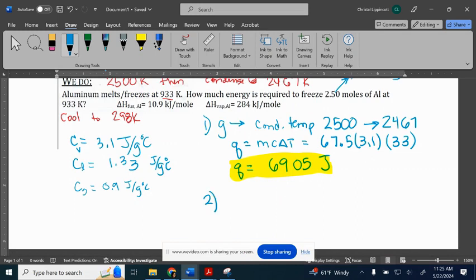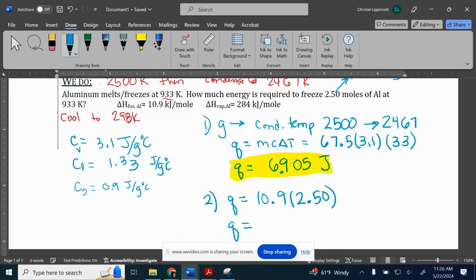We are then going to take this material that is now going to go through a condensation amount. So our Q here is going to equal our heat of fusion, which is 10.9. And we're going to multiply it by, they gave us moles, so we're just going to keep that in moles. And that's going to give us a kilojoule amount. Now, this was in joules.